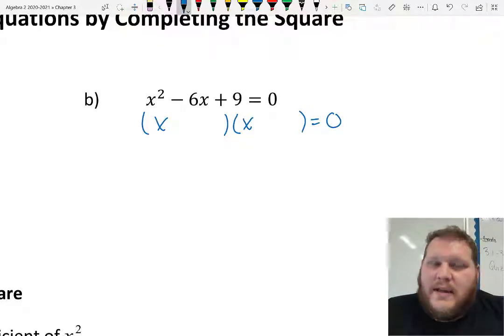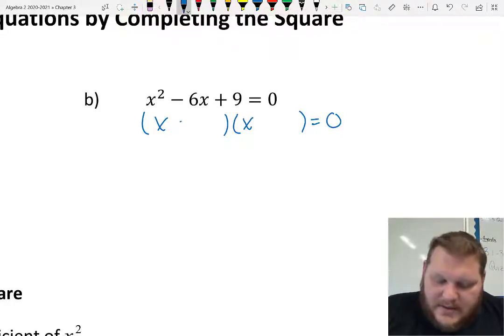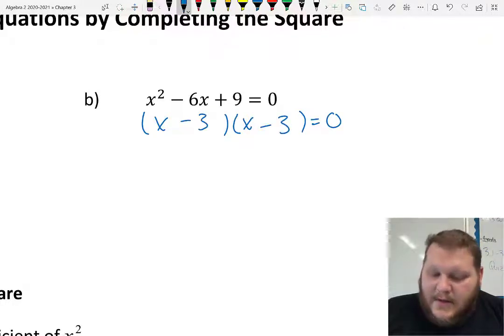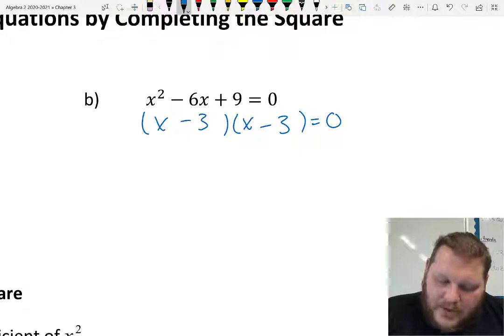Which the only way to do that is to have two negatives, right? Because a negative times a negative would make it positive for the multiplication, but a negative plus a negative is a bigger negative number. So in this case, x minus 3 times x minus 3 would give me x squared minus 6x plus 9. So again, I set my parentheses equal to 0. I add 3 on both sides in this case, and I get x equals positive 3.